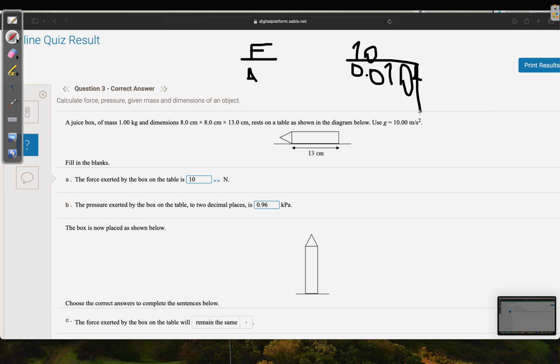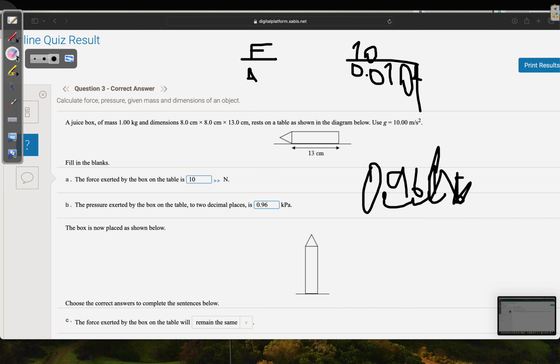But here they said they wanted it in kilopascals. So, to make it into kilopascals, we're gonna have to divide by 1000, which will give us 0.96. Okay.